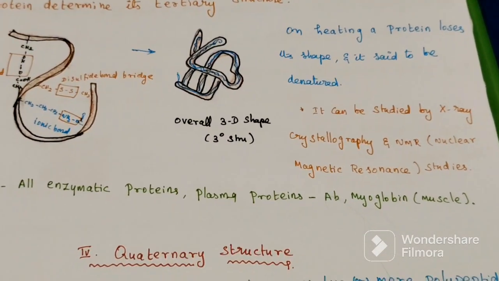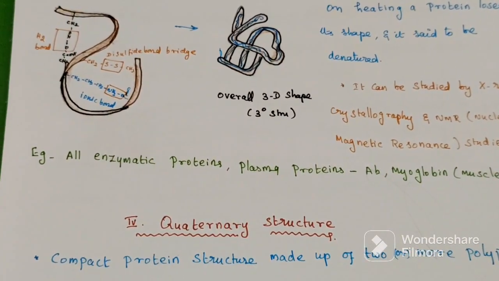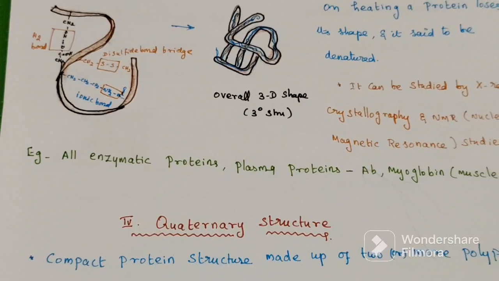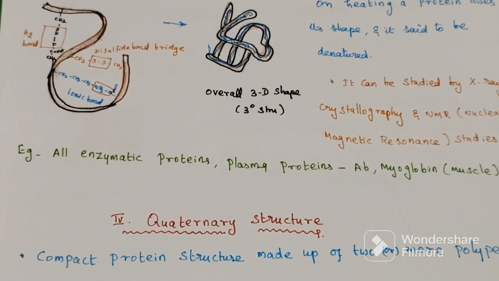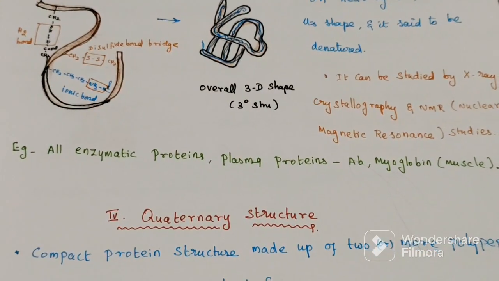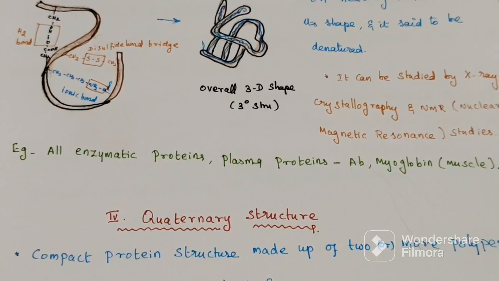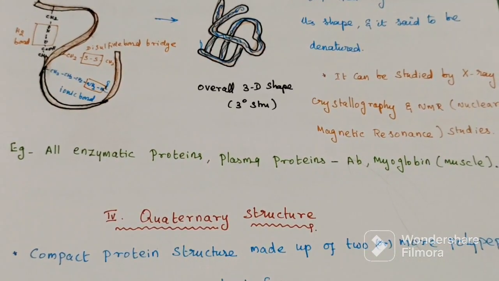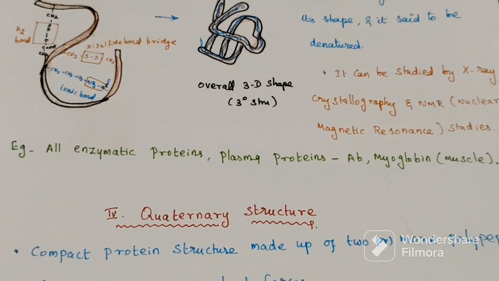Examples of tertiary proteins: all enzymatic proteins, all types of enzymes have an active site and three-dimensional folding. All plasma proteins like antibodies; these antibodies, if heated, do not bind with antigen. Also myoglobin, found in muscles.